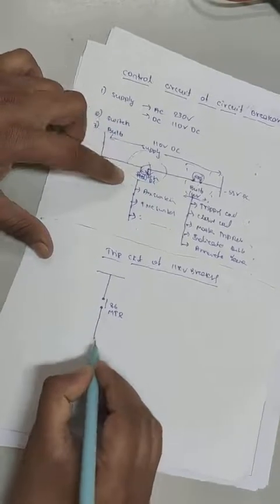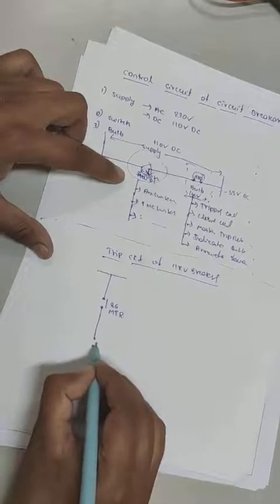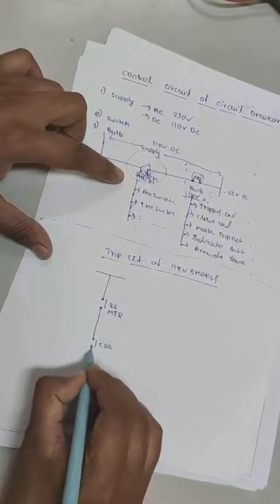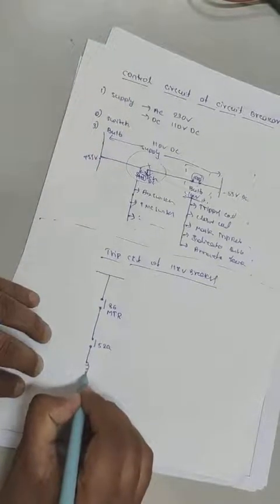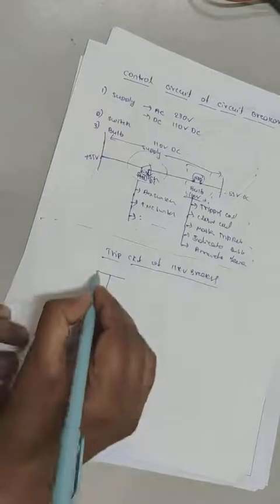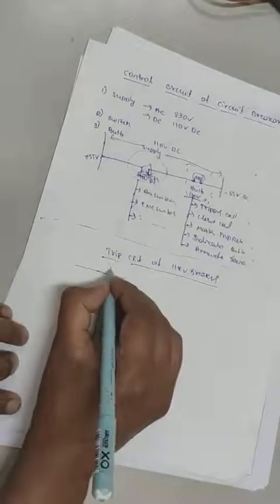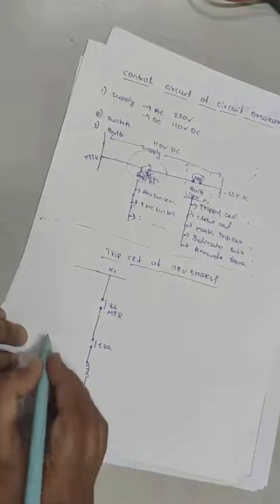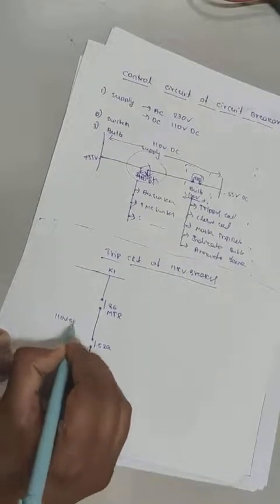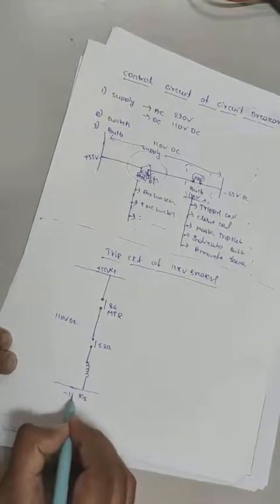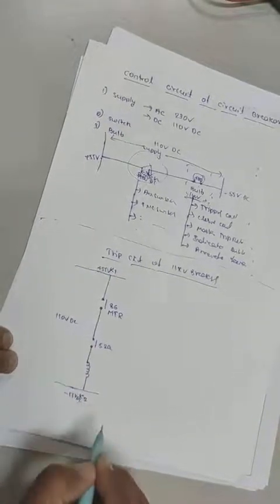and then this is 52A, and then the tripping coil. So here K1, K2. 110 volts DC will be applied here, means plus 55 at K1 and minus 55 volts DC at K2.